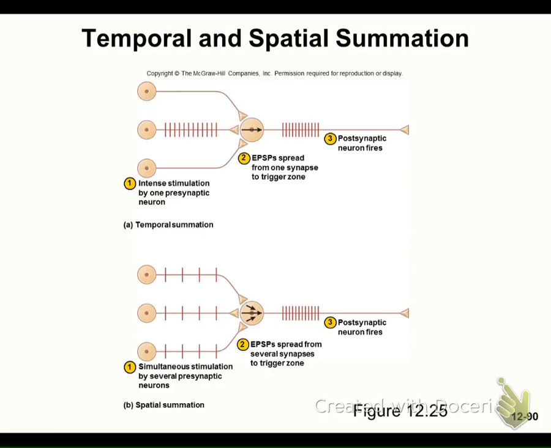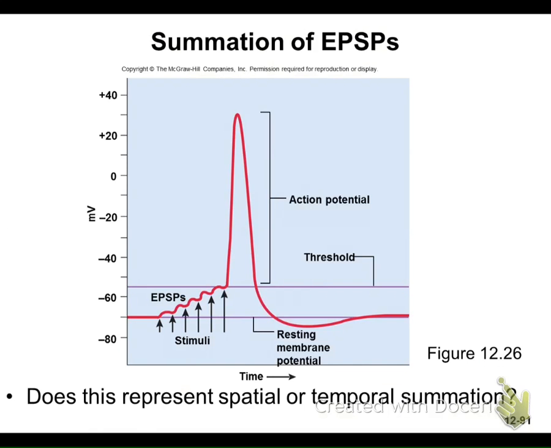So temporal summation was what idea? Who wants to share with me what temporal summation means to you? Temporal, when you hear tempo, you are thinking what? Time. So what's happening? Signals are coming down a single dendrite so rapidly, in such succession of time, that in essence, there's a little bit of stimulation, but the signals are coming so quickly that the neuron can't get back down to its resting membrane potential, right?